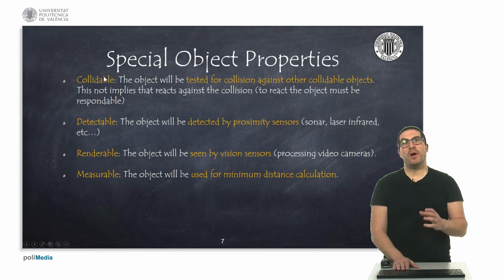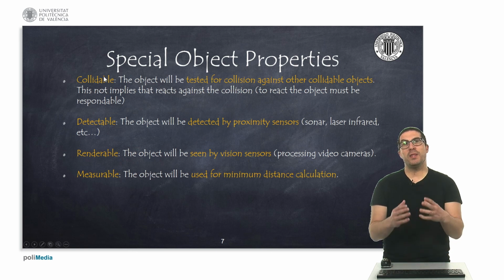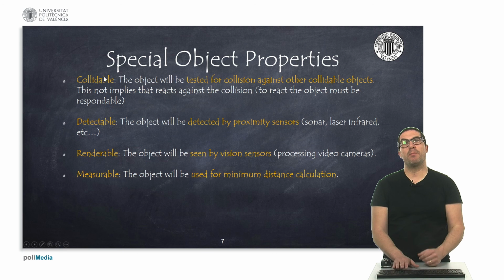If you activate this property, then you have a camera in which you can do some processing, and only the objects with this property active will be rendered on that camera and can be detected. And finally, the measurable property will be used for the minimum distance calculation module, which is convenient in certain cases, specifically to avoid collisions too.